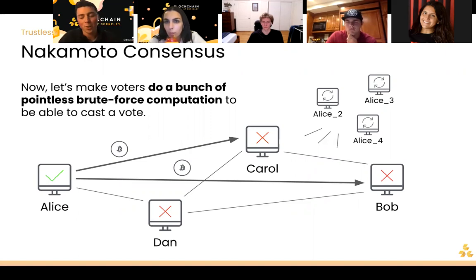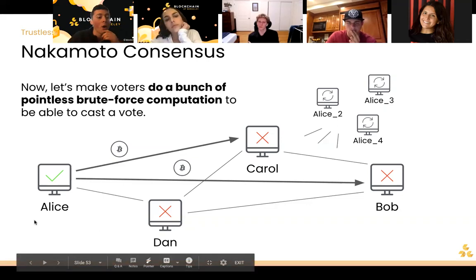Sorry, we haven't really gotten to some of these terms yet, so this part may be confusing, but pretty much because the resource being expended in this scenario is computational energy, Alice only has so much computational power. She may only have a computer and a phone, or whatever it may be. If Alice were to divide all of her resources among a bunch of different accounts, there's no way she'll be able to fully put all of her effort into this Alice one account.